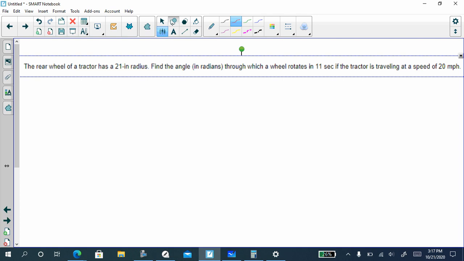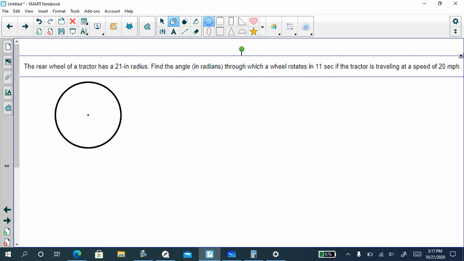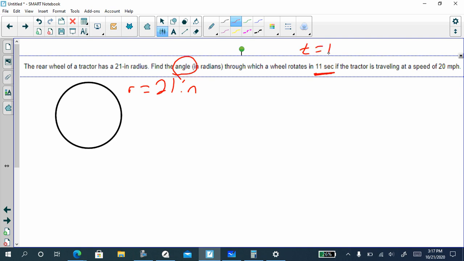All right, the rear wheel of a tractor has a radius of 21 inches. Find the angle, so we're looking for the angle through which the rear wheel rotates in 11 seconds, if the tractor is traveling at 20 miles per hour. 20 miles per hour.